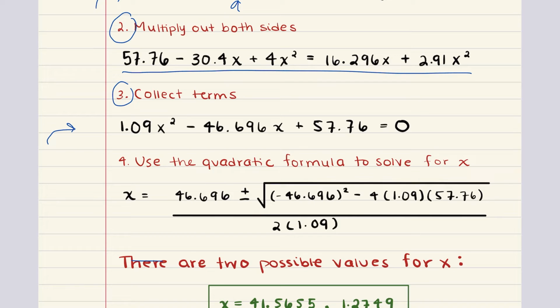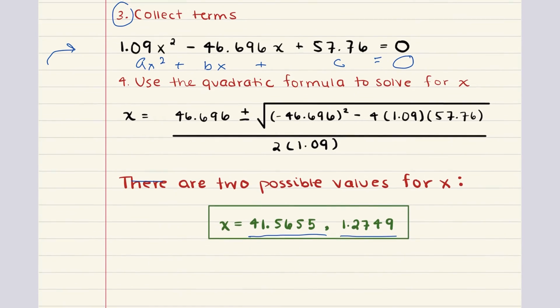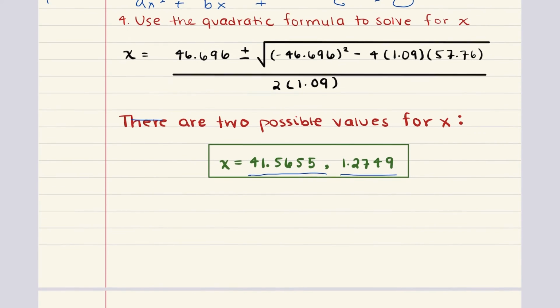The form that we have now is the general form of a quadratic equation, which is ax² + bx + c = 0. Since we have this general form of a quadratic equation, we can solve for x using the quadratic formula.